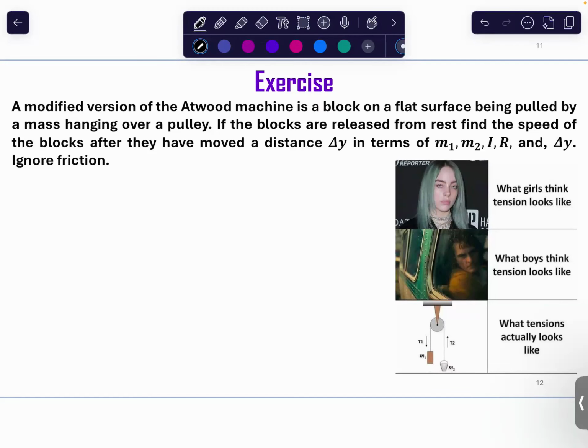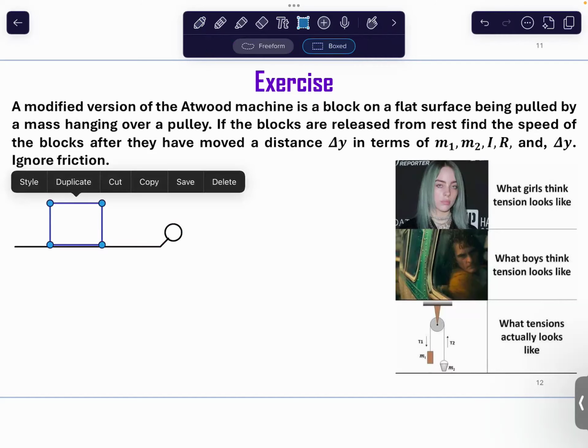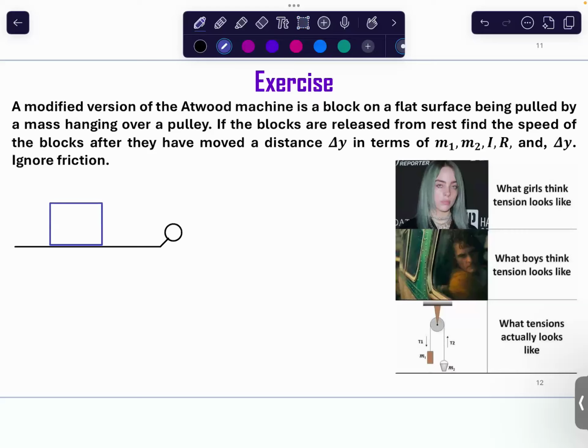All right, so we have the surface that one block is going to sit on. We'll just go ahead and put a pulley on here. So there's going to be mass 1. Then let's go ahead and connect this. So we're going to have the cord going over the pulley.